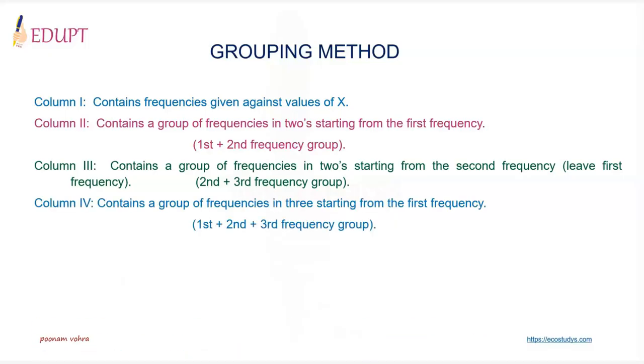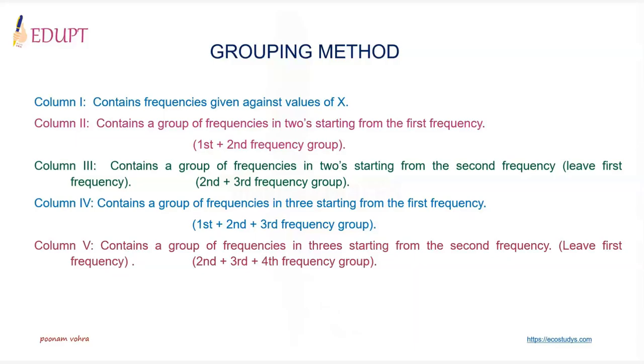Column 4 contains a group of frequencies in threes starting from the first frequency, comprising the first, second and third frequency group. Column 5 contains a group of frequencies in threes starting from the second frequency, leaving out the first one. So it comprises the second, third and fourth frequency group.